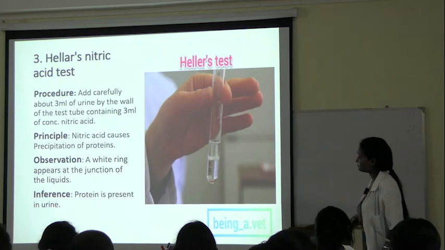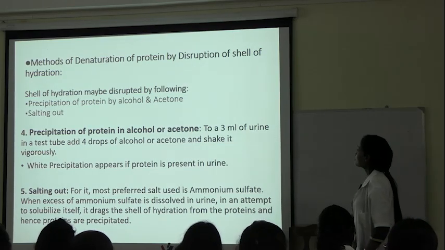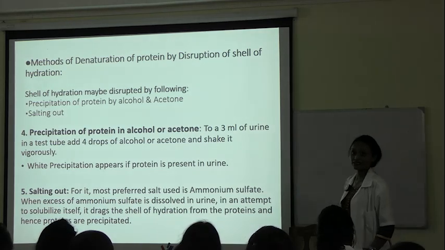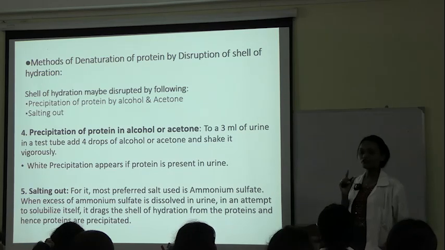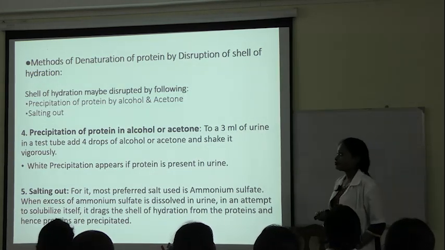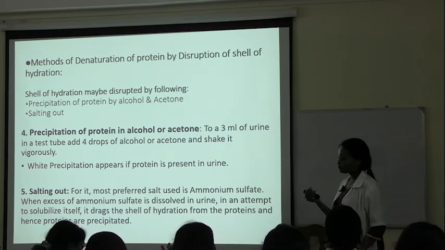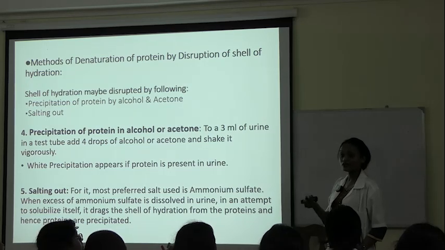Methods of denaturation of protein by disruption of the shell of hydration. What is the shell of hydration? The shell of hydration is the liquid, the watery boundary outside the molecule. Like we have read in our 11th or 12th, like the grape, the salt absorbs the watery content of the grape.